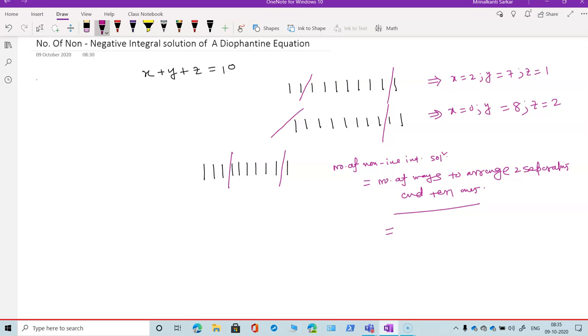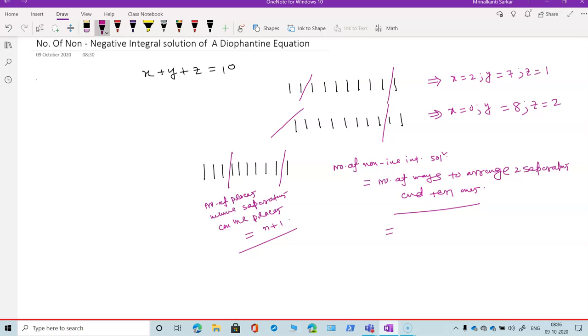So when 10 ones are arranged, the number of gaps formed, the number of places where separators can be placed, is equal to n plus 1.